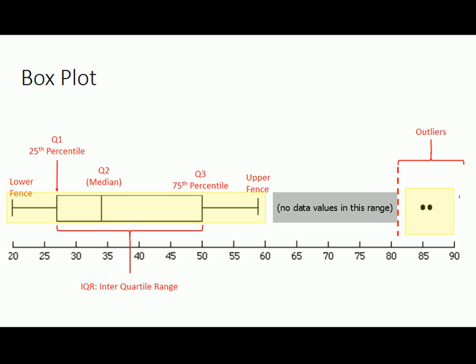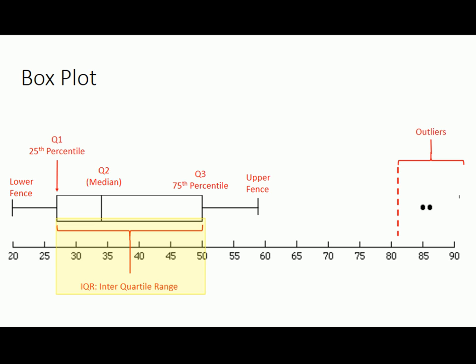And that's actually calculated in a very specific way. I don't want you to be too concerned with it, but this distance from the first quartile to the third quartile is called the interquartile range. It's just a length. So in this case, it looks like it's about 22 or 23. The interquartile range is about a length of 23.